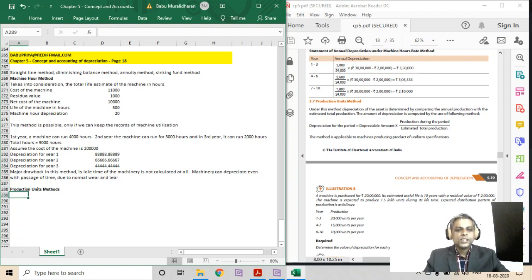Next, the production units method. Here also, depreciation is calculated based on units produced.